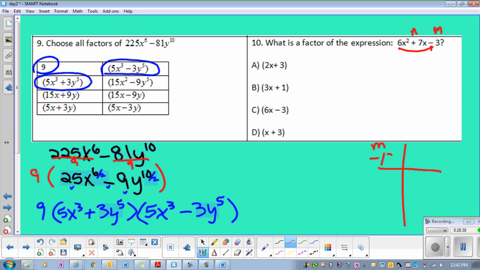Negative 18, and adds up to give you. So what are the two numbers? 9 and negative 2. Good. So the same thing. Bring down the first, bring down the last, rewrite the one in the middle using your two numbers.